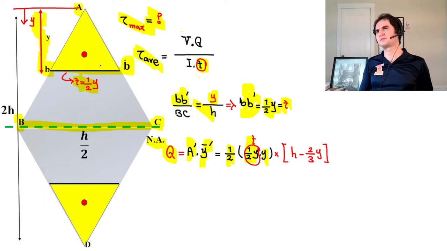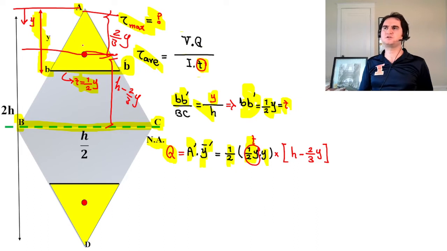So this is 2/3 of y, and this is h minus 2/3 of y, which is the location of the centroid for our element from the neutral axis, or the centroid of the entire shape.